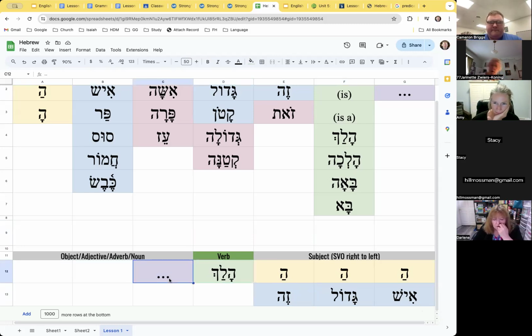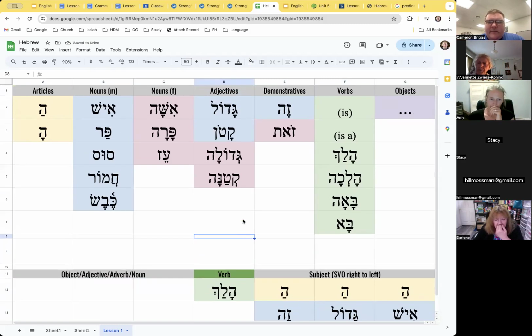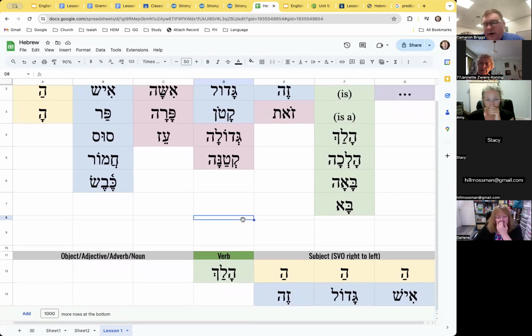Yeah, that's really helpful to be able to just see it laid out like that. But can you also use "walked" instead of "went"? Yeah, we just haven't learned the verb for "walk" yet. Well, because wherever I was reading, it said "went, halach, walked." It has a slash in between. That's why I thought, now wait a minute, I thought it said walk. Yeah.